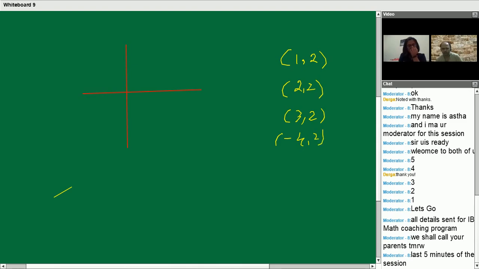If we try to plot all those points, you will see that it's nothing but a horizontal line, because it's y equals 2. And for vertical, the x coordinate would be the same.